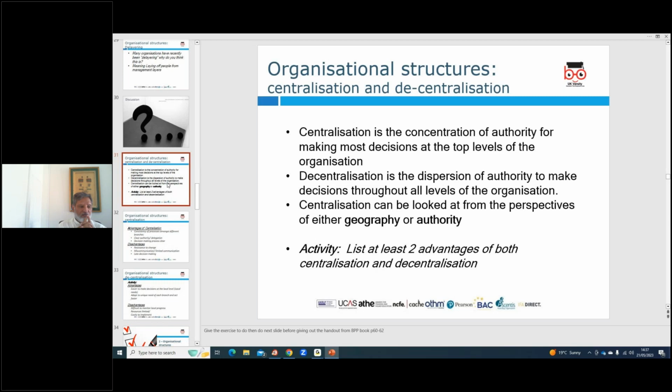When we're talking about centralized organizations, I can think of the civil service, for example, centralized decision making. Decentralization, local authorities, for example, they are decentralized. Local democracy, local authorities decide what's needed for their residents under their local control, and so on. Okay, so that's a kind of organizational structure you can look at.